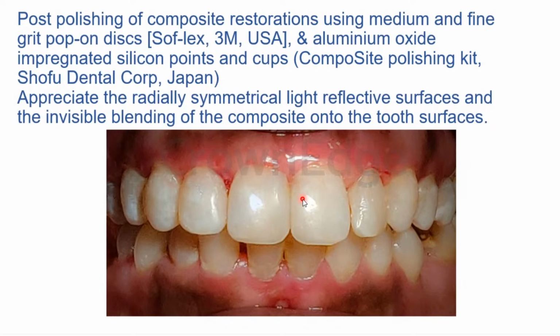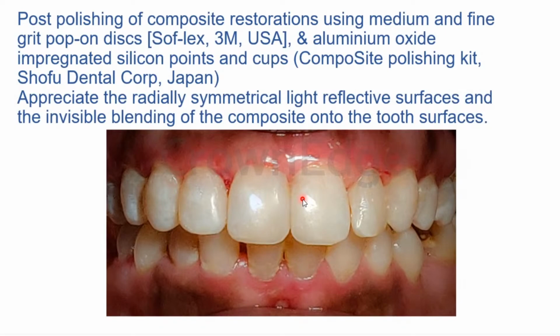That has been tried to decrease as much as possible in your sixth and seventh generation, that is your Adper or your Clearfil S3 Bond or Clearfil SE, all these are by Kuraray. You also had your older bonding agents in fourth generation, which is the best.